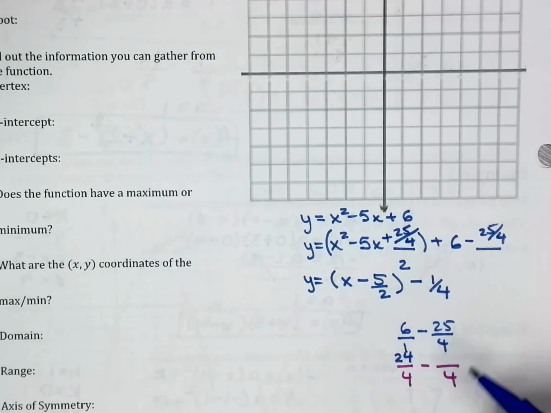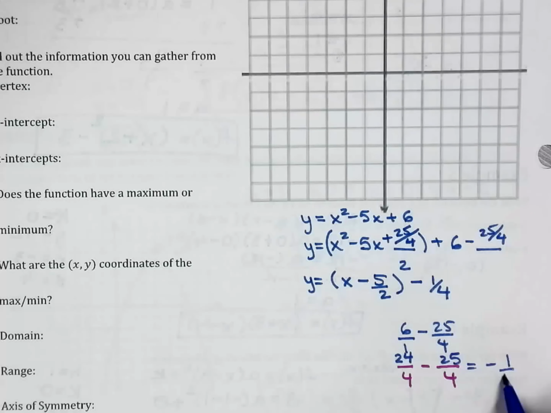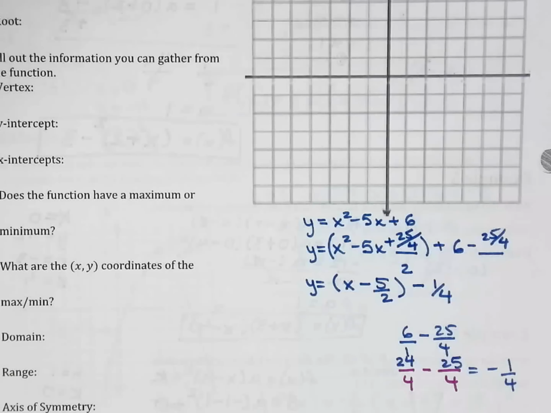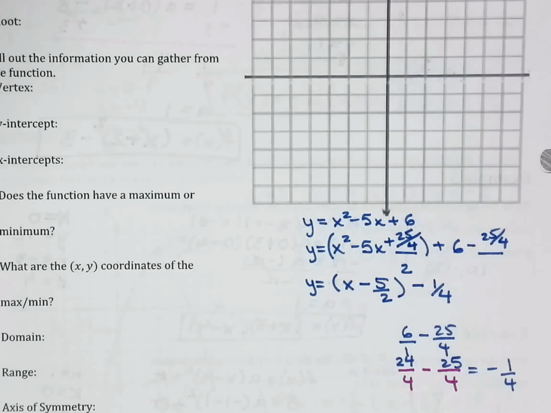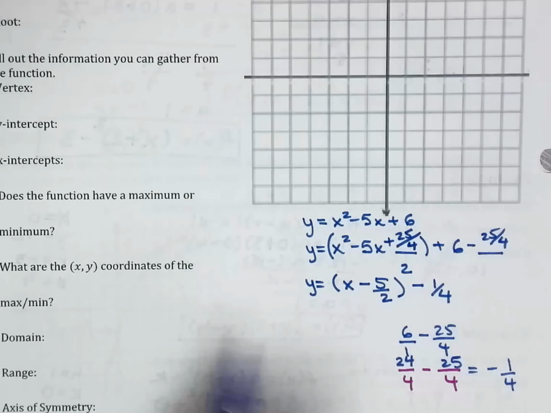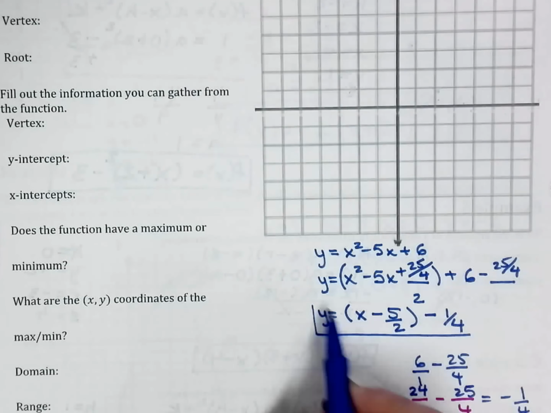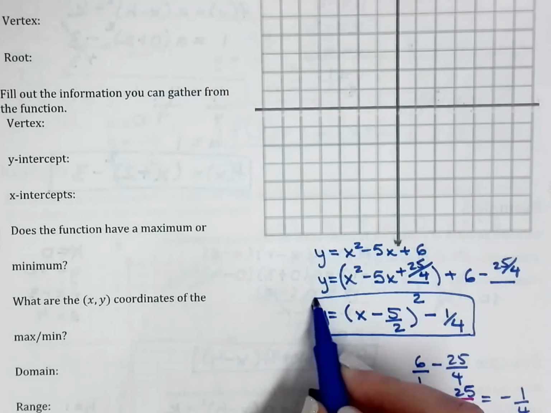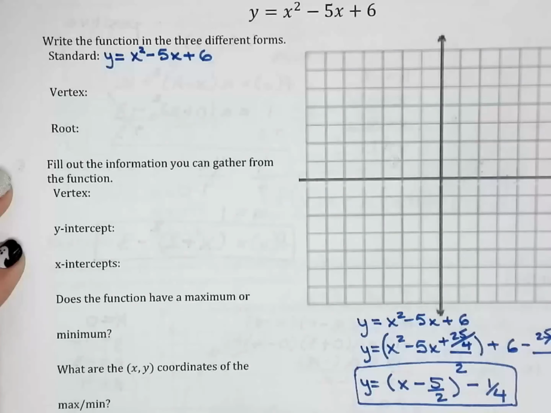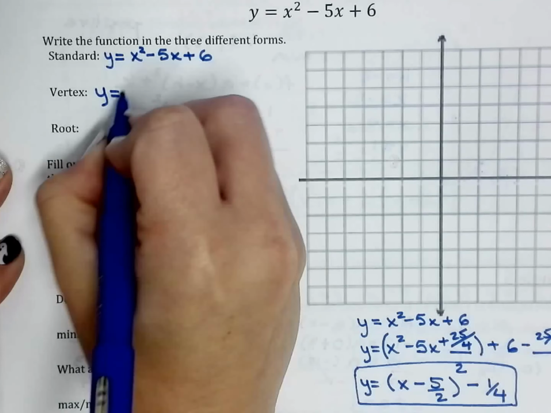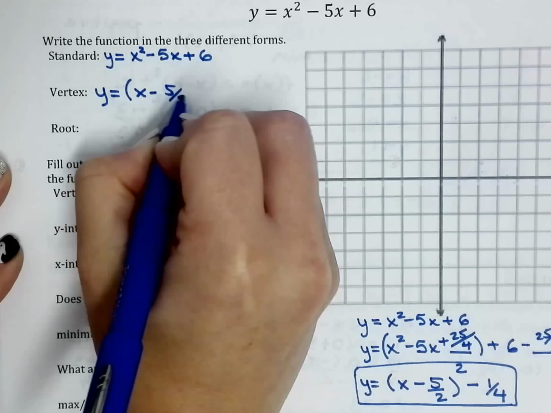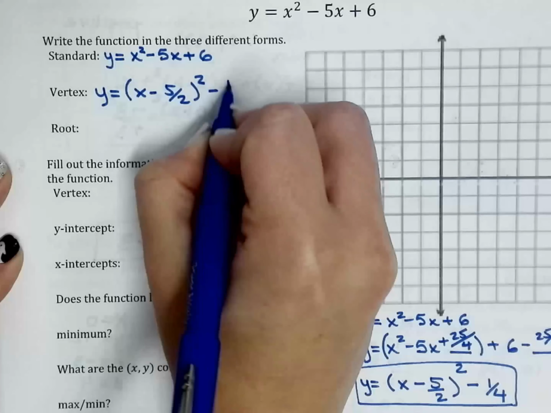Now 24 minus 25 is negative 1 over 4. So here we have the vertex form right there. So y equals x minus 5 over 2 squared minus 1/4.